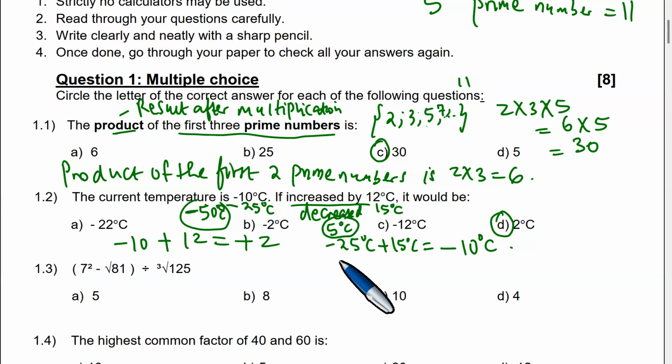What do you think? So isn't it negative 55?